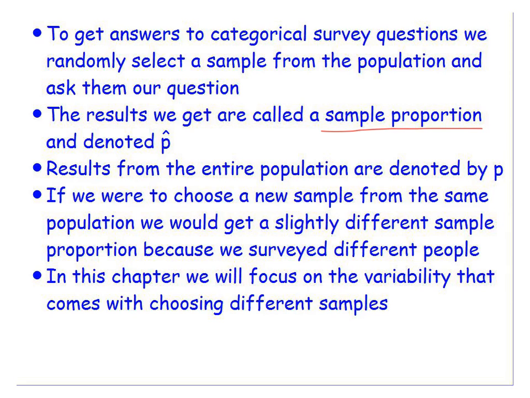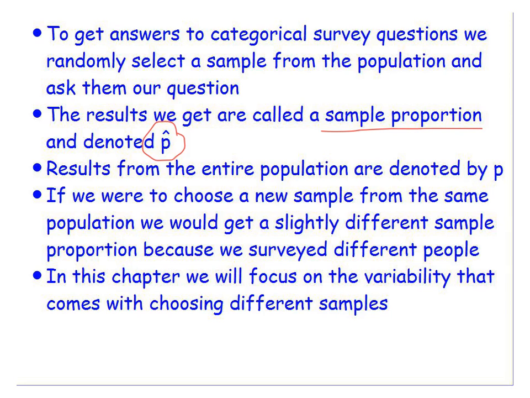And it's denoted, and you guys have seen this notation, by p hat. The hat, if you remember, we used it before to mean approximation. Because this data is coming from a sample, it is an approximation.